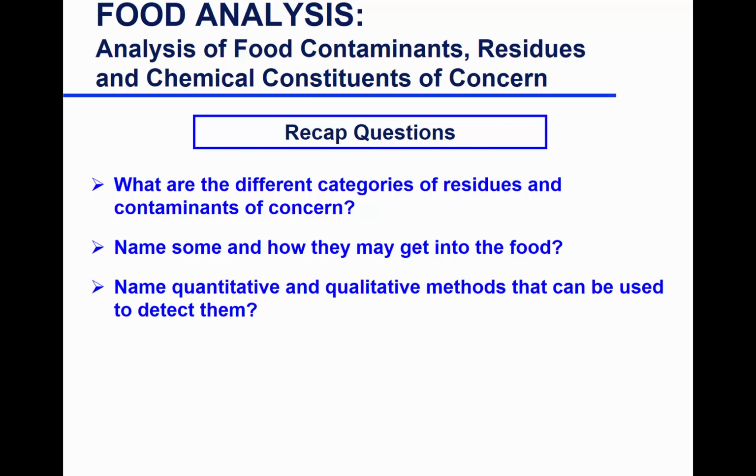Just a recap. What are the different categories of residues and contaminants of concern? Some of you need some extra points. Allergens is a category. Very good. Pesticides. Drug residues. Somebody mentioned it last time.